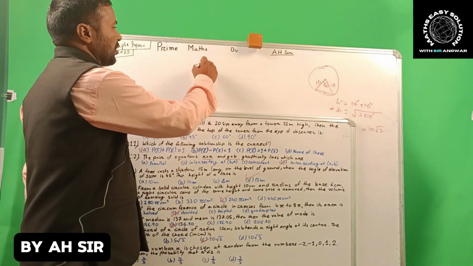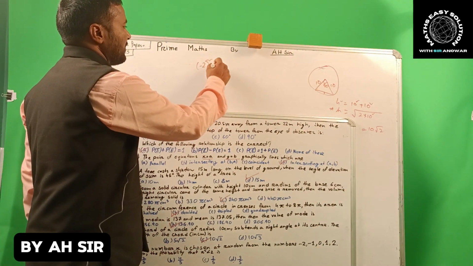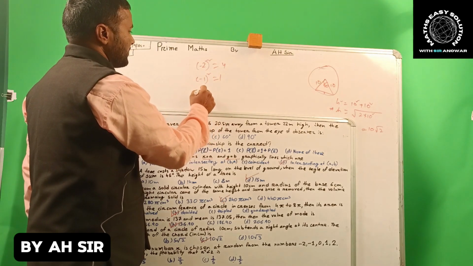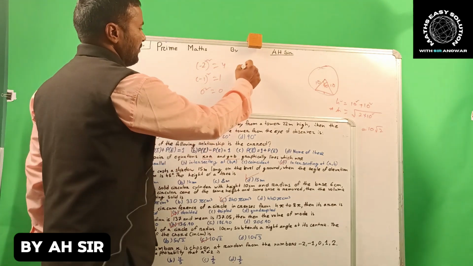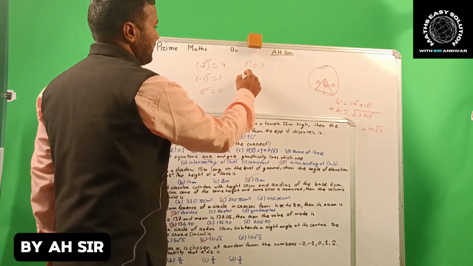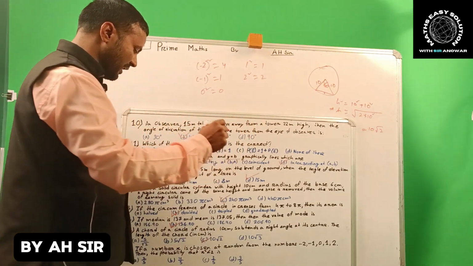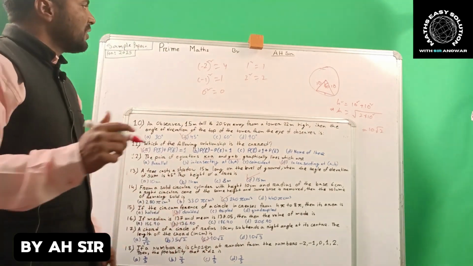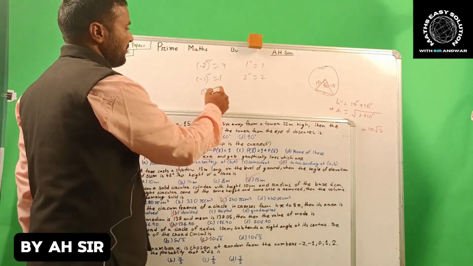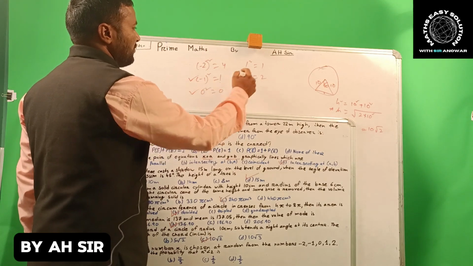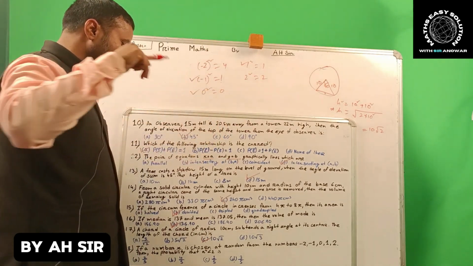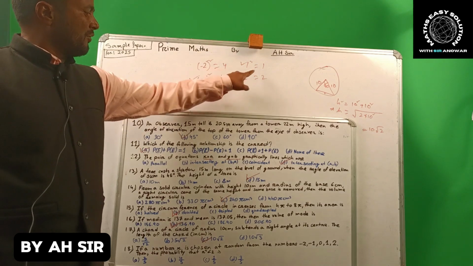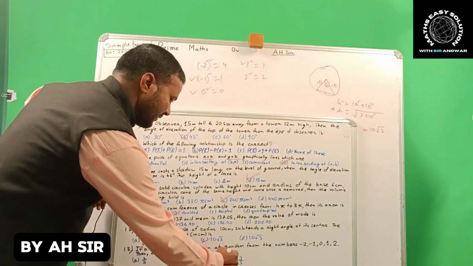It means, look, -2 is given, equal to 4, -1 is given, equal to 1, 0 is given, equal to 0, 1 is given, equal to 1, 2 is given, equal to 4. The condition is x square less than 2. So the x square answer should be less than 2. How many are there? 1, 2, 3. So 3 is the probability out of how many numbers? 5 numbers, 1, 2, 3, 4, 5. So the answer is 3 by 5.